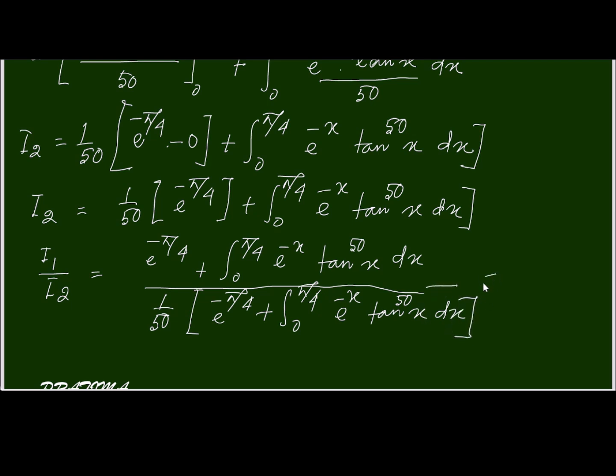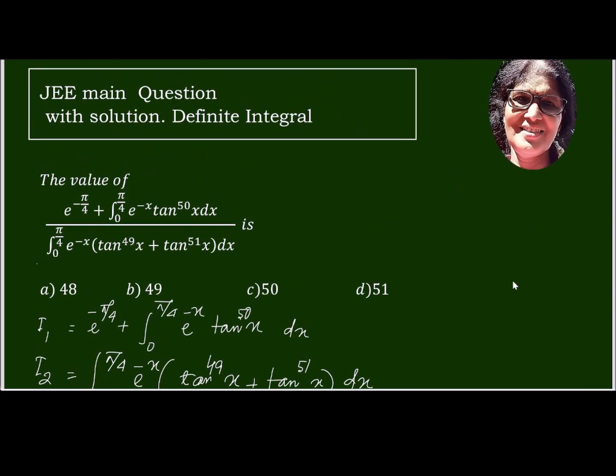This equals 1 over 1 by 50, that will be 50. So which option is the answer? C is the answer.